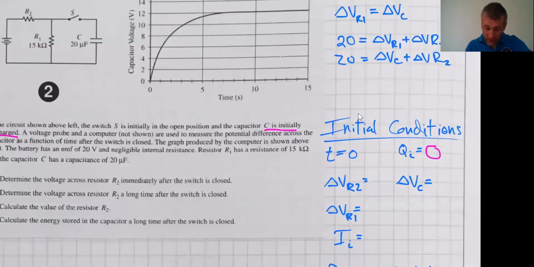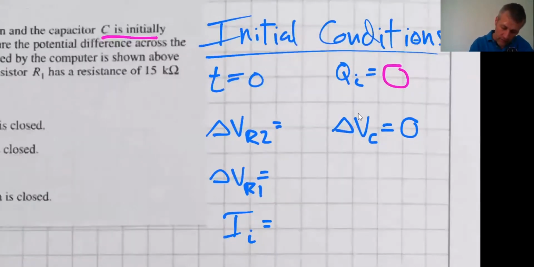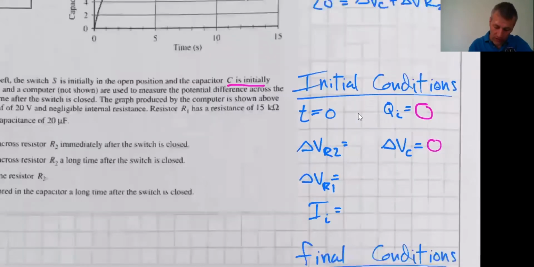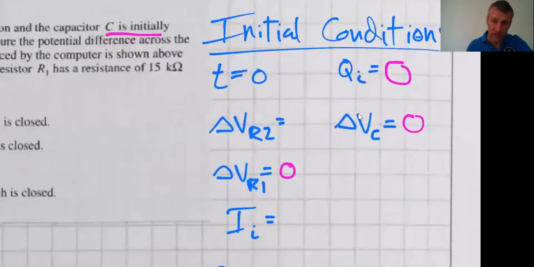So for our initial conditions, if the capacitor starts with 0 charge on it, it's going to have 0 voltage across it. And if the capacitor has no voltage across it, remember capacitor and R1 are at the same voltage, so R1 is going to have 0 volts across it.